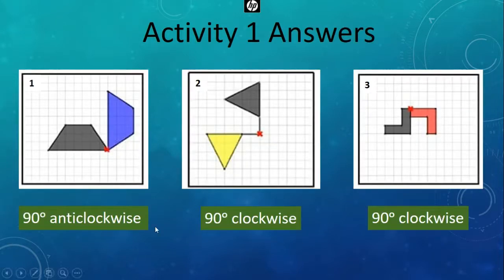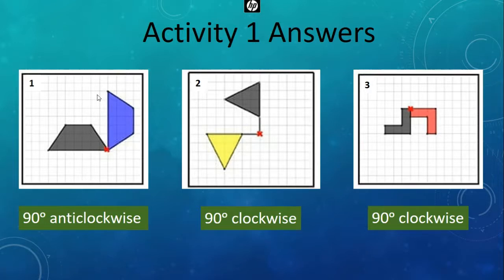So here are the answers. Give them a tick if you've got them right. Here's the blue shape. First of all, we've moved in an anti-clockwise direction, and if we draw a line from here to here, we have gone 90 degrees. Now when we're measuring our angle, we must make sure it's the right line.